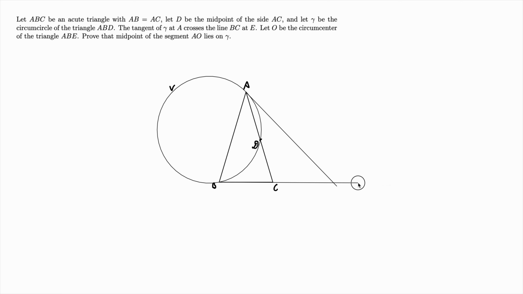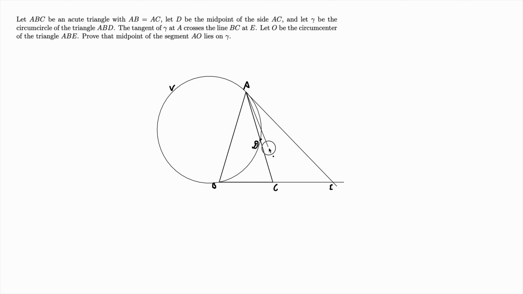Let's make this a little shorter. Okay, so a little more. So that point right there is E. Let O be the circumcenter of triangle ABE.